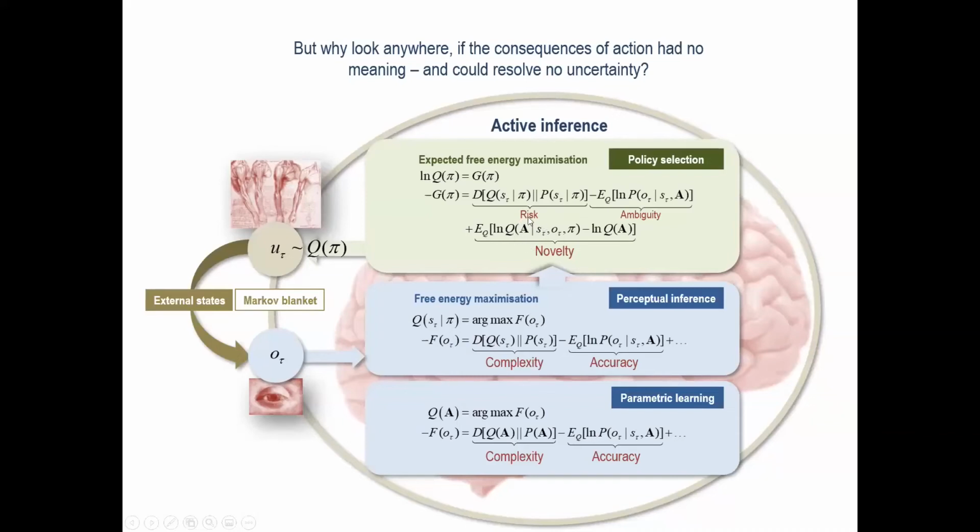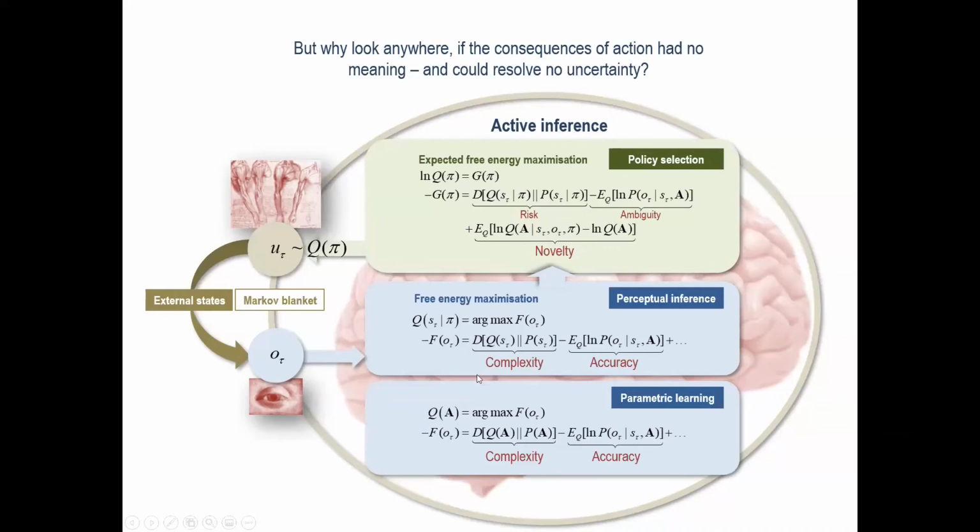We also have beliefs about laws and contingencies that are entailed or encoded in things like the likelihood mapping and, in other contexts, the probability transition matrices. And these things are themselves subject to exactly the same analysis that we had before. So in terms of expected free energy minimization, the intrinsic value now becomes novelty.